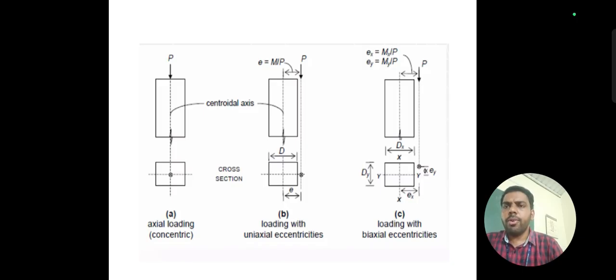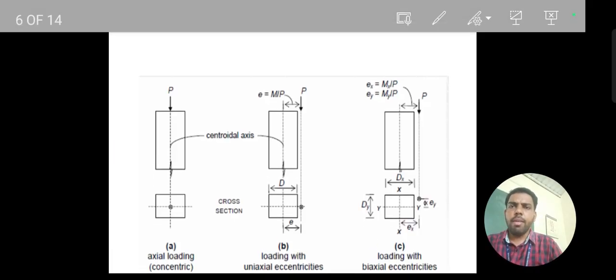Where the load acts on the neutral axis, it is called axial load. In the second figure, the load acts with some eccentricity; the load multiplied by that distance gives the moment, and this is called uniaxial. Biaxial means the eccentricities are applied along the x direction and along the y direction. This situation is called biaxial moments.